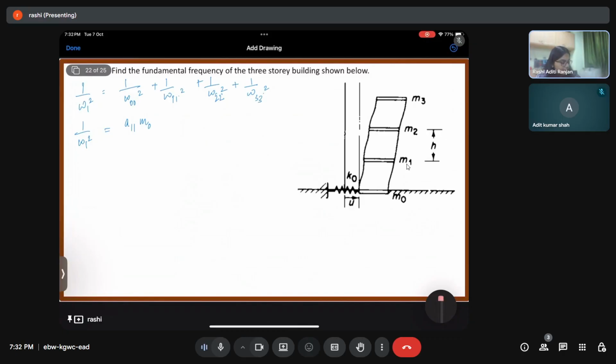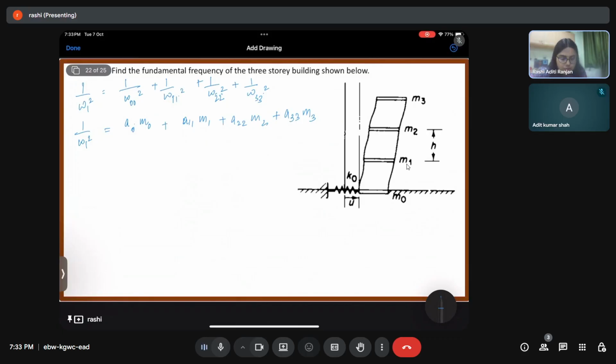So here also we can write a naught m naught, a11 m1, a22 m2, a33 m3. So m0, m1, m2, and m3 are already given in the question. We need to find out the values of a0, a11, a22, and a33.